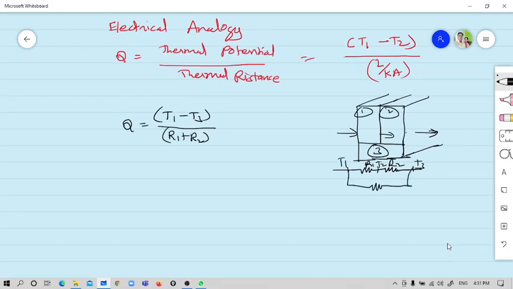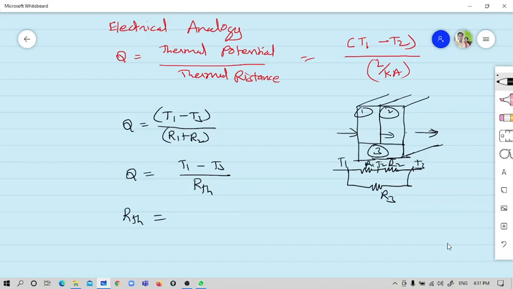Okay. So now heat transfer in this particular case, this Q will be equal to temperature T1 minus T3 divided by resistance RTH. Now this RTH will be equal to these two resistances, they are in series R1 plus R2 and this is in parallel. Let us call this R3.